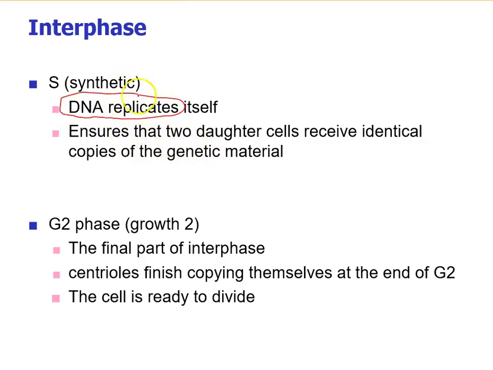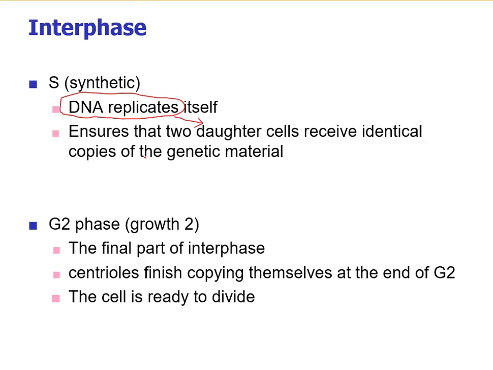And we know why the synthesis of DNA should happen: because we want each daughter cell at the end to receive identical copies of genetic material like their mother cell.